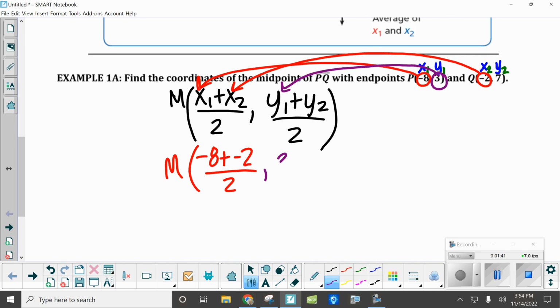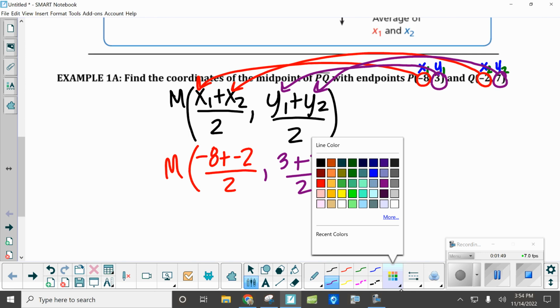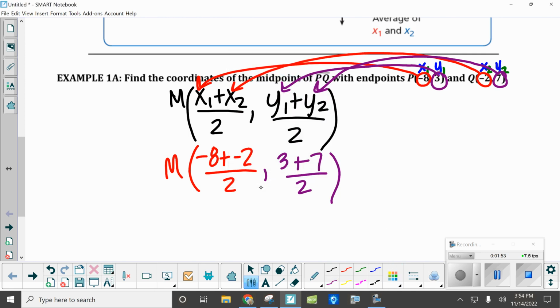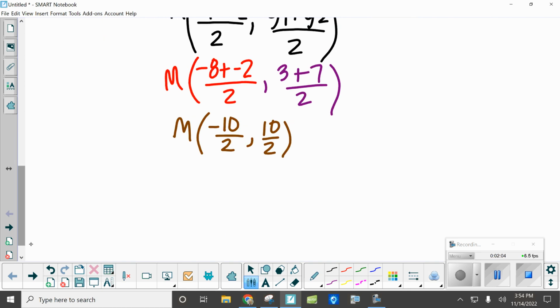So that's going to be 3 plus, this one is y2, 7 over 2. And then I just simplify everything. So -8 plus -2 is -10, and then 3 plus 7 is 10. Then I just reduce the fractions. So the midpoint is -5, 5. Done.